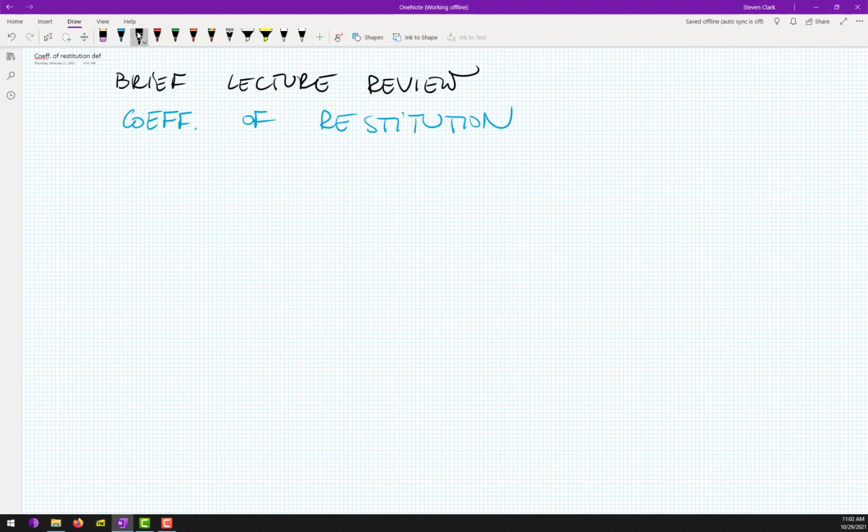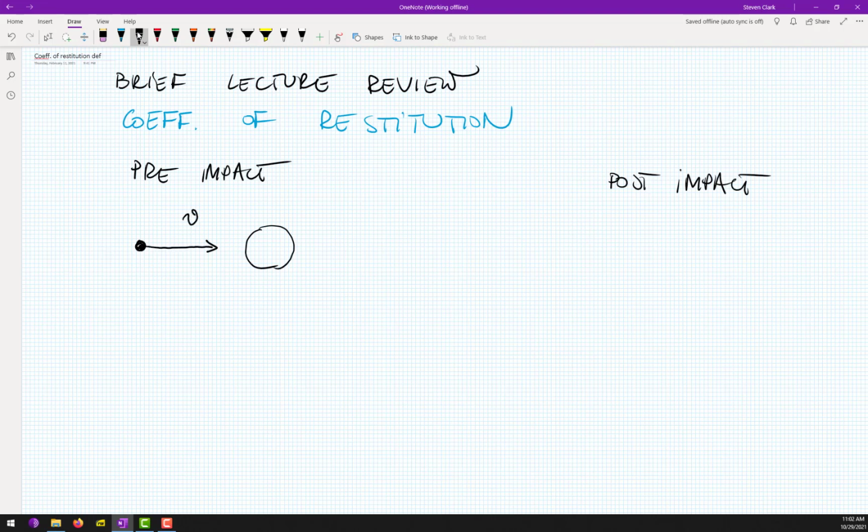Imagine the situation pre-impact and post-impact. Let's say we have two particles, a small particle and a big particle. The small one has velocity A pre-impact, and the big one has a smaller velocity, because the little guy has to be able to chase the big guy, otherwise we won't have an impact.